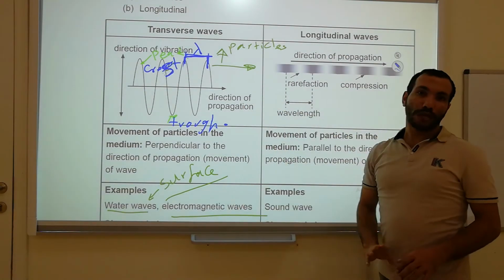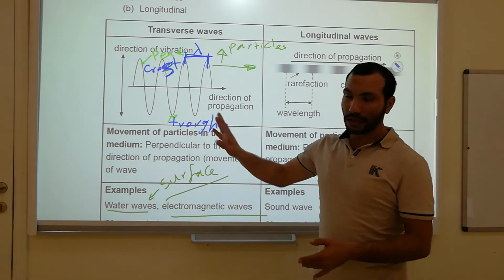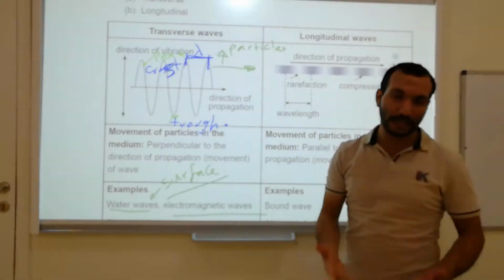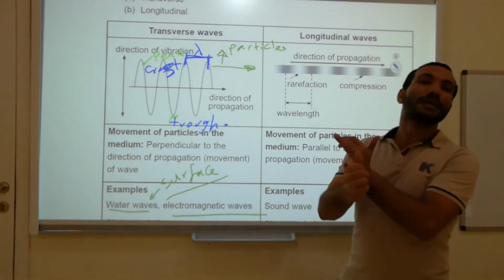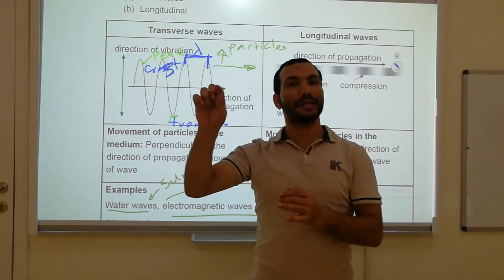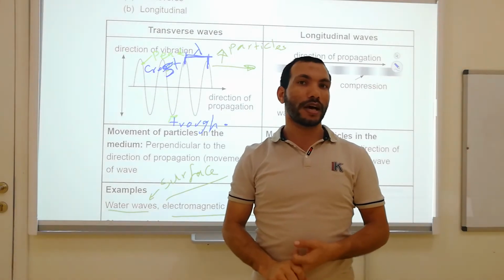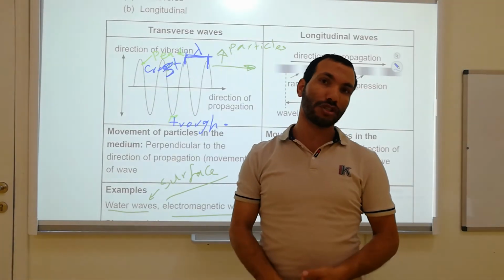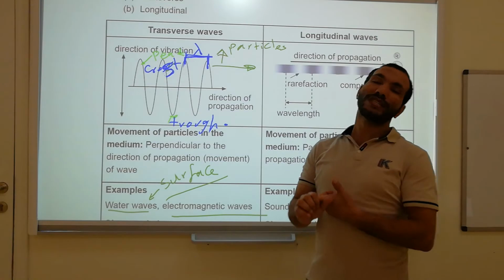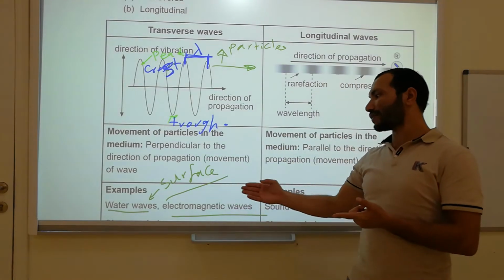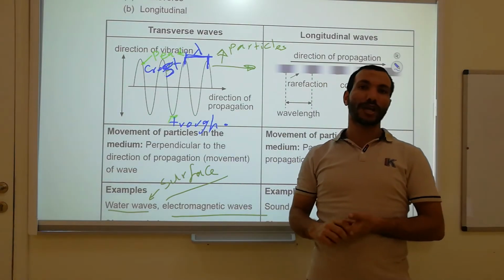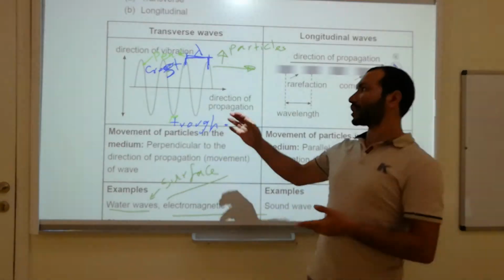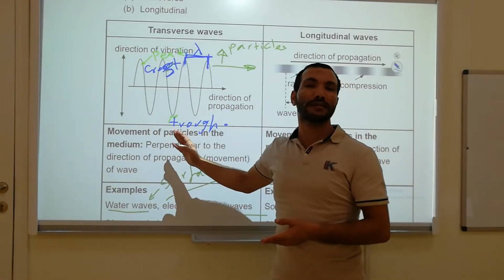Again, for transverse waves, the particles move perpendicular to the direction of wave propagation. Number two, examples are water waves and electromagnetic waves. Number three, they consist of crests or peaks and troughs.